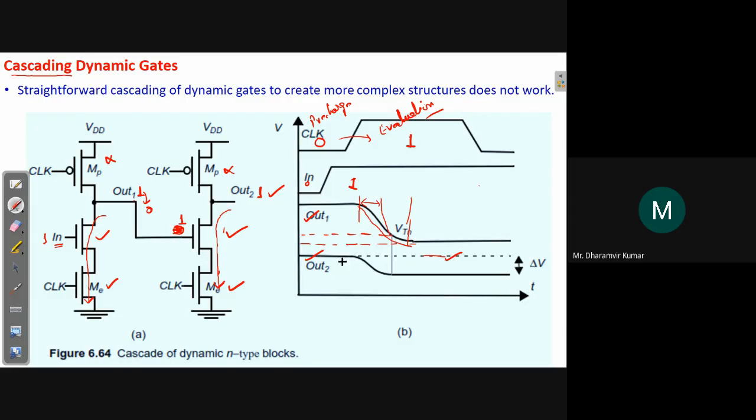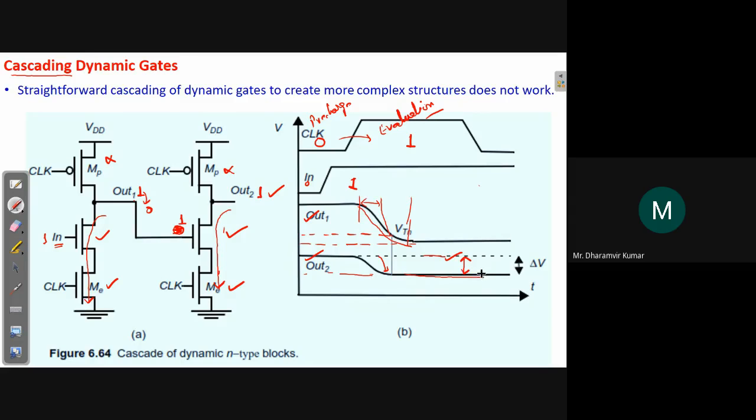Although it will not lose all of its charge value because this time window is small, it will lose some of its charge content, and it will come from this level to this level. So finally you will get this level at output 2, which is below the logic 1 level by this value.